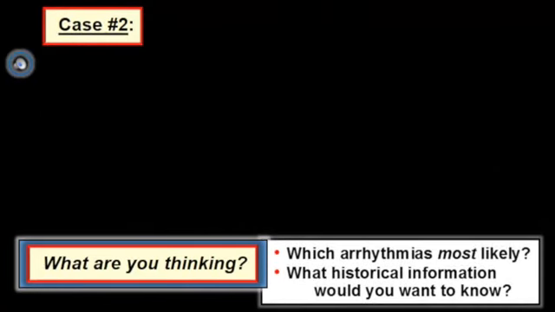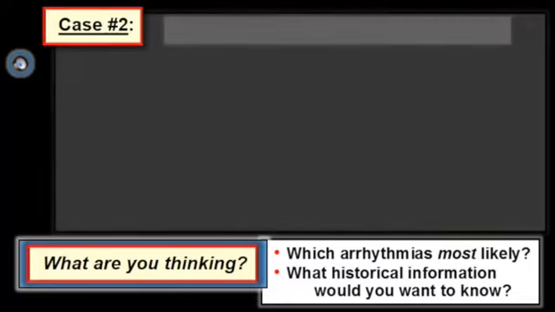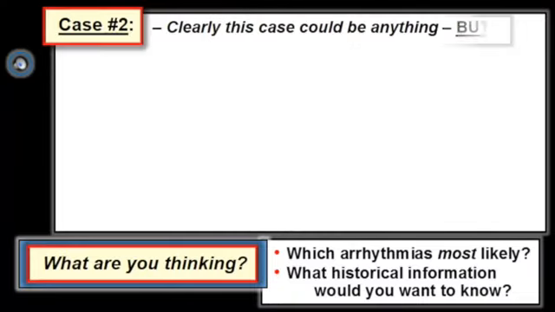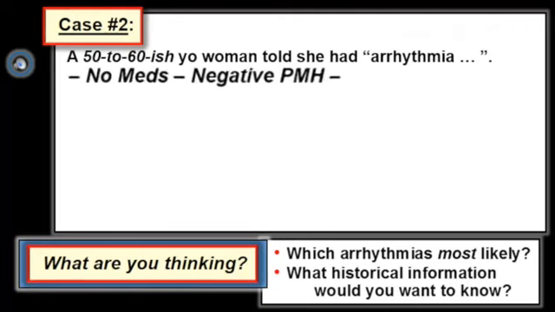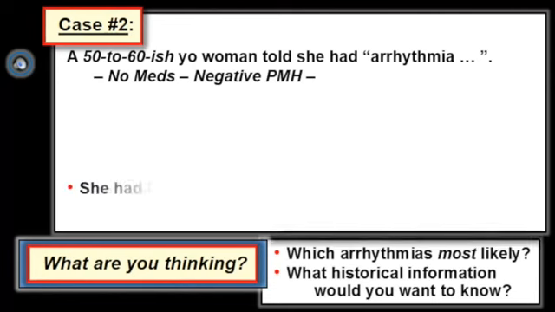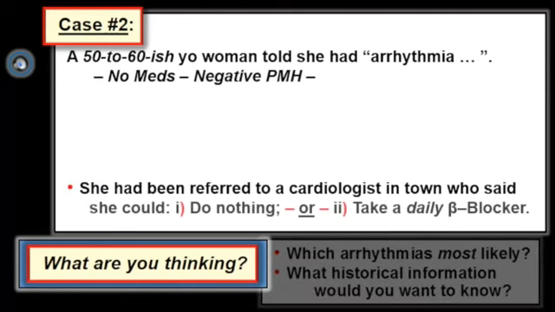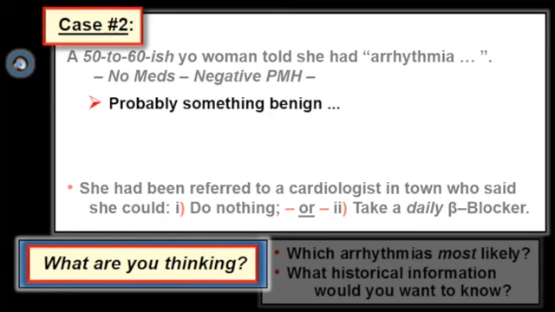Now, clearly, this case could be anything, but given that the patient is a 50 to 60-ish-year-old woman with some type of arrhythmia, but on no medications and with no significant medical history, who had already been seen by a cardiologist who said she could either do nothing or take a daily beta blocker, she probably has something benign.